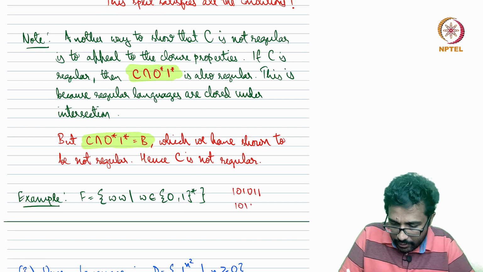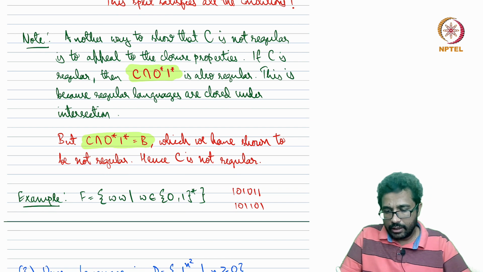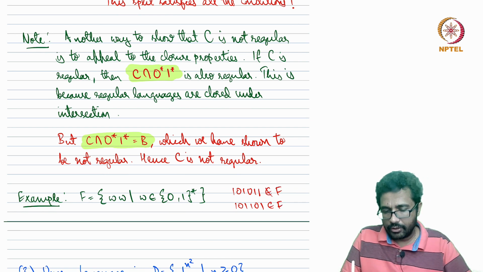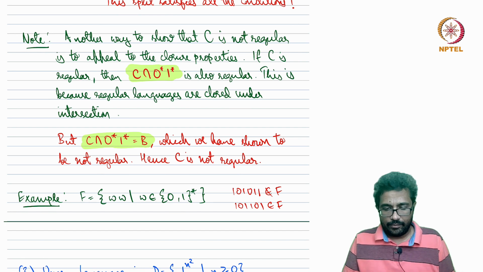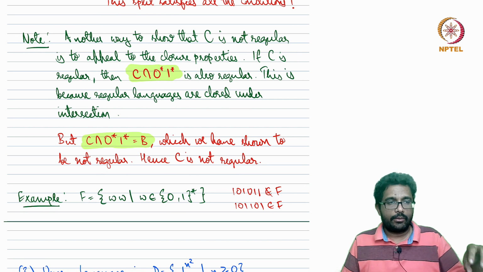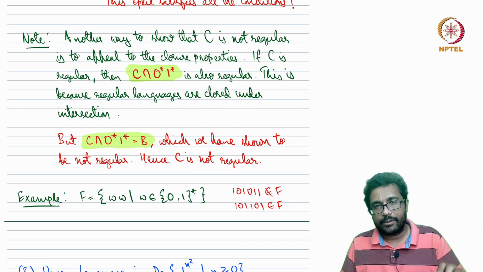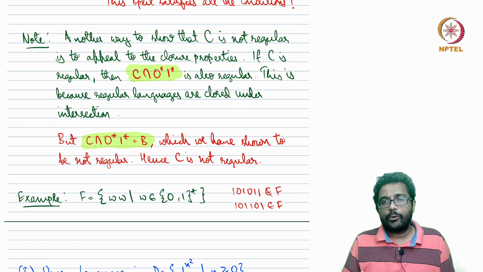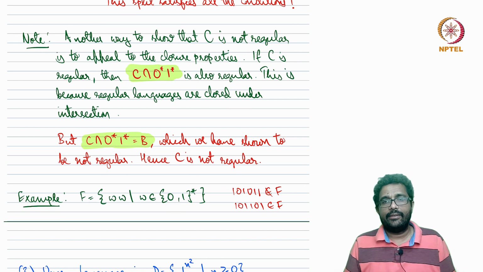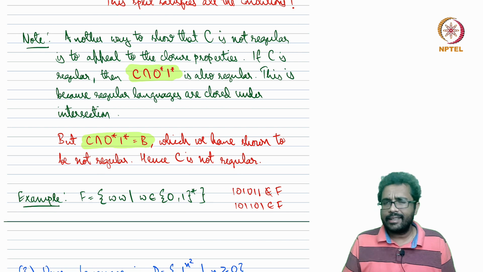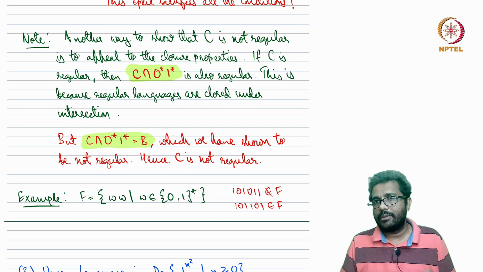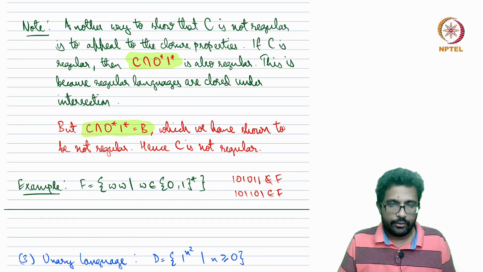But 101 101, so this is not in F, whereas this will be in F. So set of all strings that are of the form WW, where W is some string. So basically some string repeated 2 times. So this language is not regular. I am just leaving it as an exercise. I think it is there in the book. Otherwise you can try to work it out. It's pretty much similar to what we have been doing before.